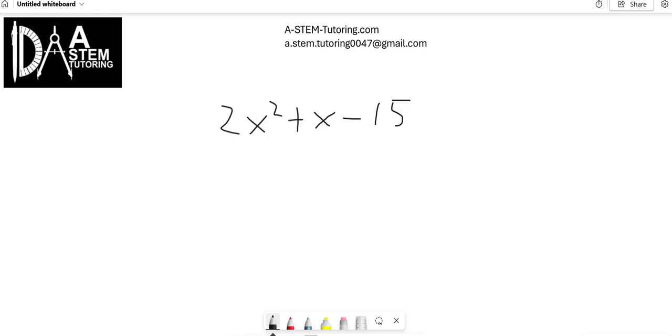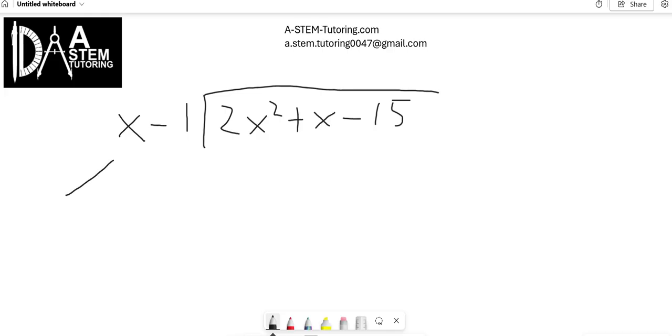Right, that was the original function. And we're going to divide that by the denominator. Remember, denominator, divide. We'll use polynomial division. You could also use synthetic division, but to keep things simple, I will use straight polynomial division.